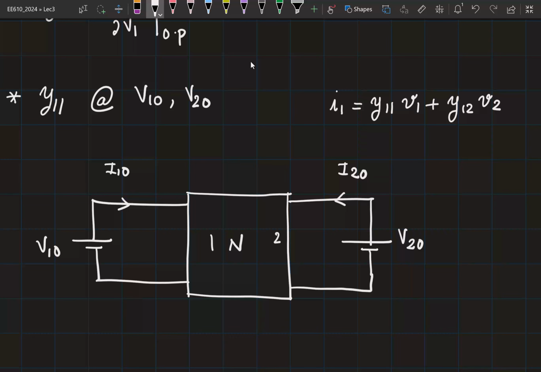Okay. Now on top of this, I introduce my incremental v1. So in series with this, I can connect a small v1 source. Once I connect the v1 source, I would expect the current to change. Do I expect I2 to change? Yes? No? Why yes? So if you say no, why no?